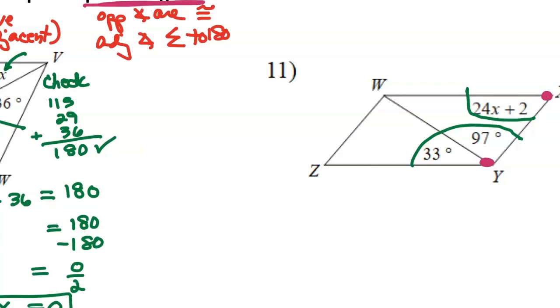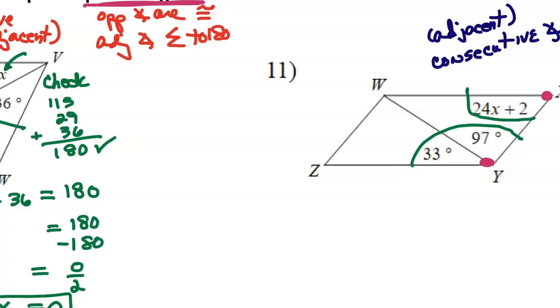Okay, let's go over to the next one. Here I see I have two angles. Once again, these are consecutive, also known as adjacent. And I know consecutive angles sum to 180. I'll use the word adjacent again so that you understand that those are synonyms. They mean the same thing.